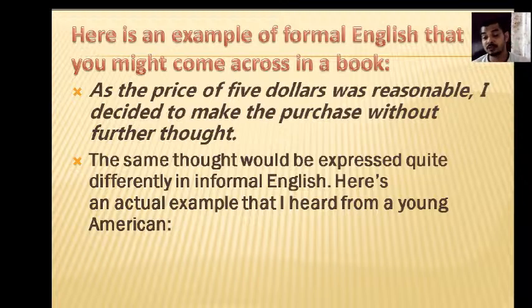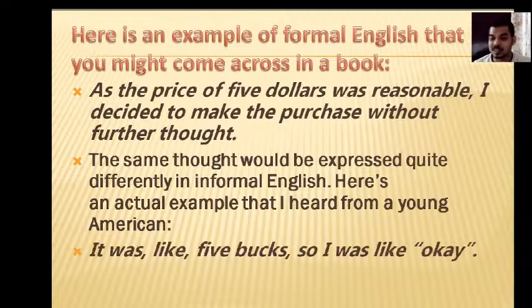Now, if we produce the same sentence in informal English, how would it look? Suppose you heard a young American producing this sentence, he would say, it was like $5. So I was like, okay.